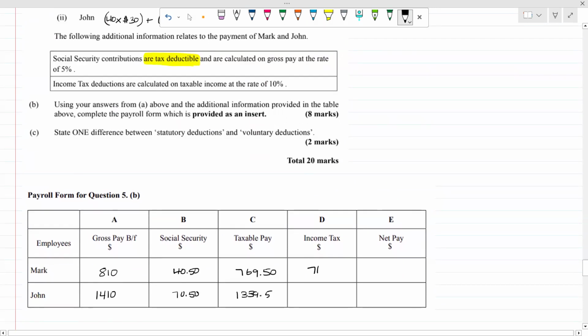So this is 76.95. And this will be 133.95. So net pay is going to be 810 minus 40.50 minus the 76.95. This is going to be 692.55.